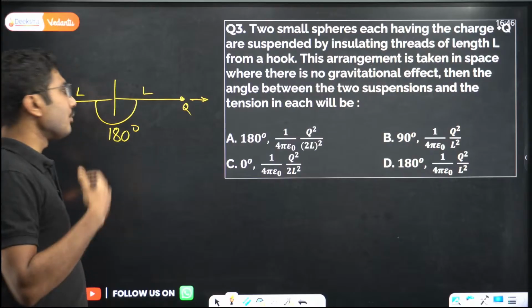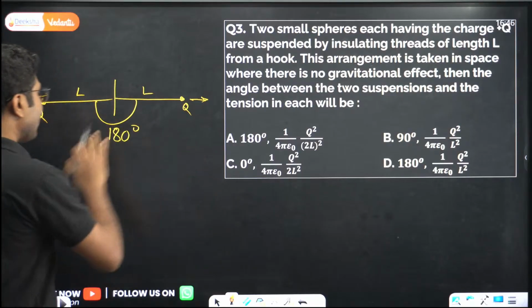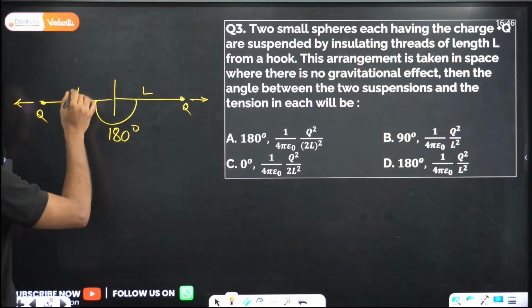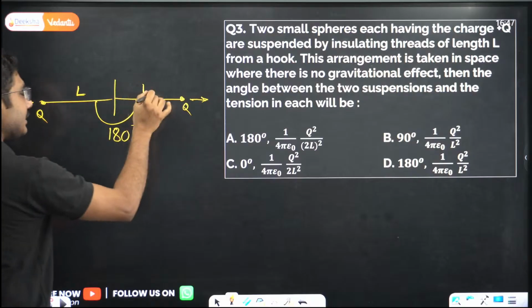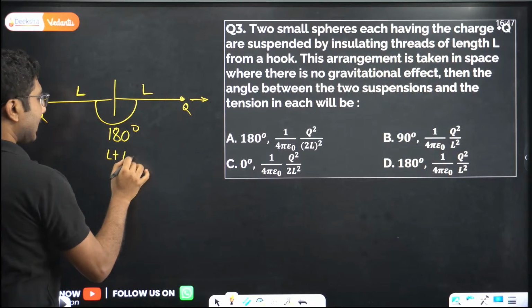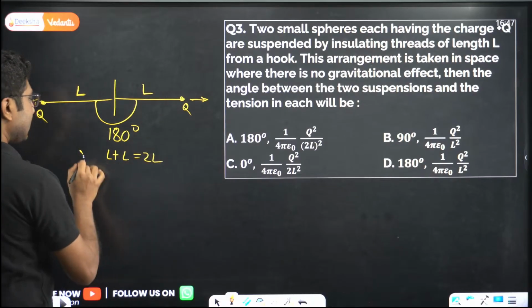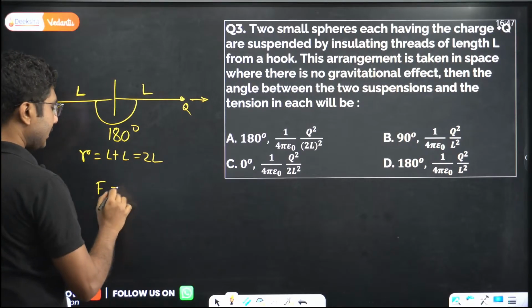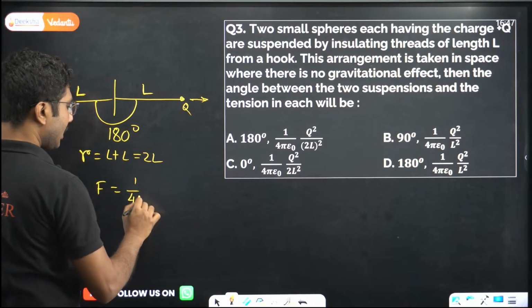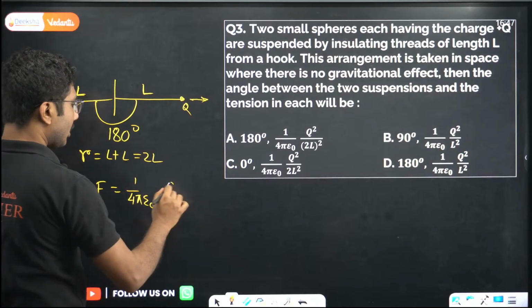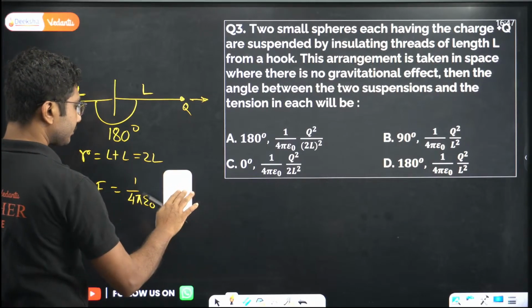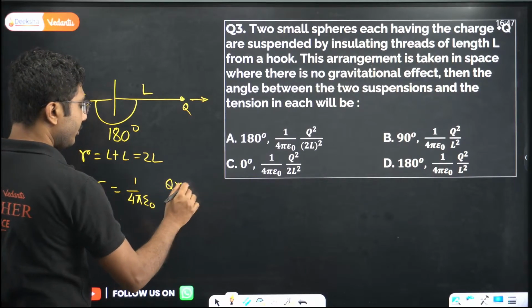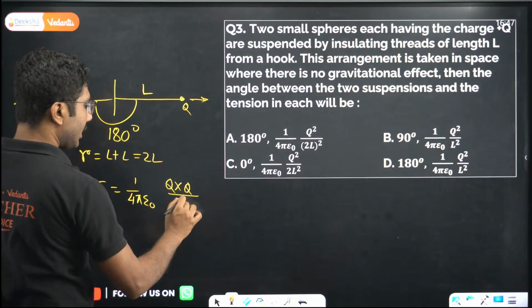Second thing is, what will be the force? Very easy. You have to apply Coulomb's law. The only thing you have to consider is that the distance between the charges is L plus L, that is 2L. So use Coulomb's formula: 1 by 4 pi epsilon naught, Q into Q divided by 2L whole square.